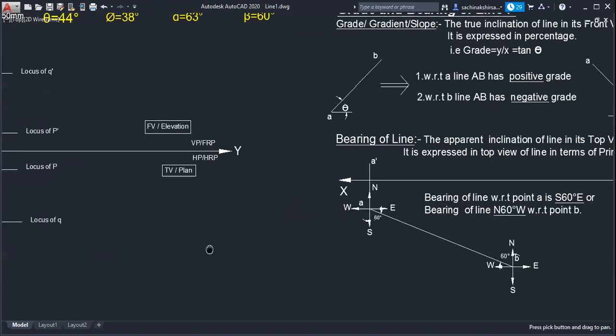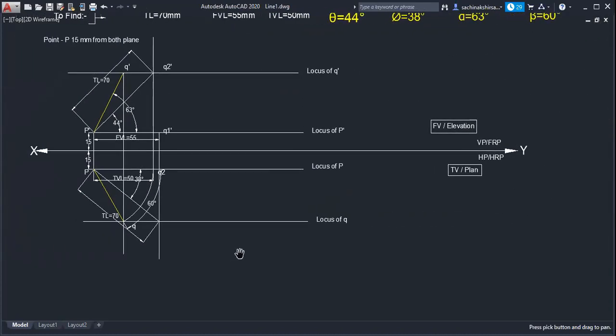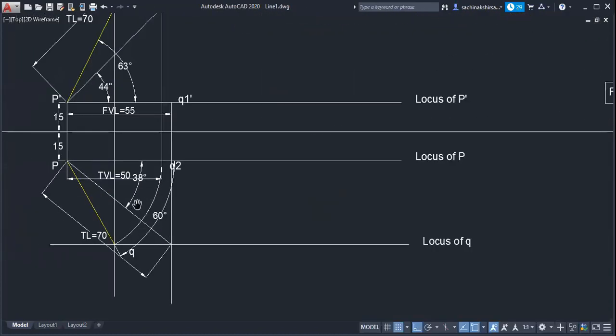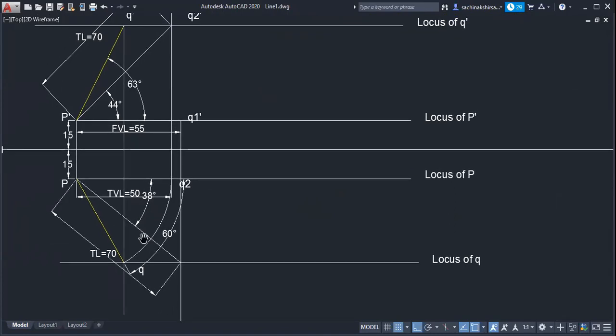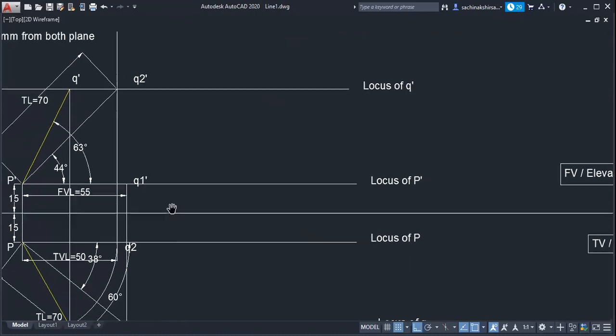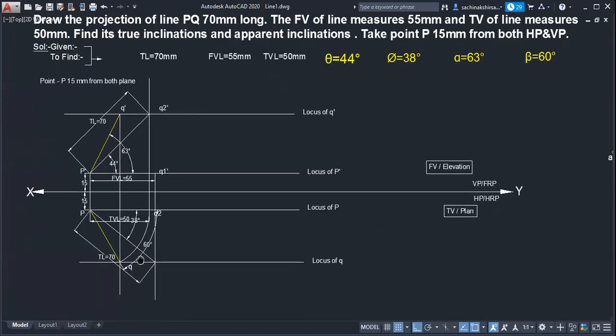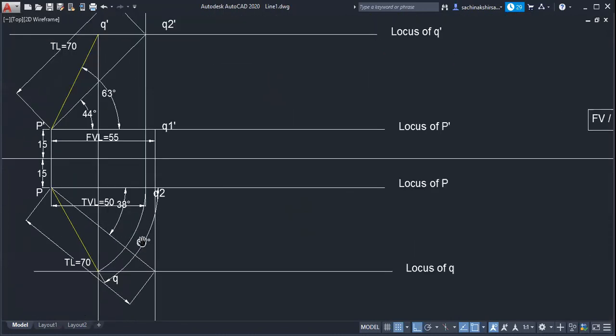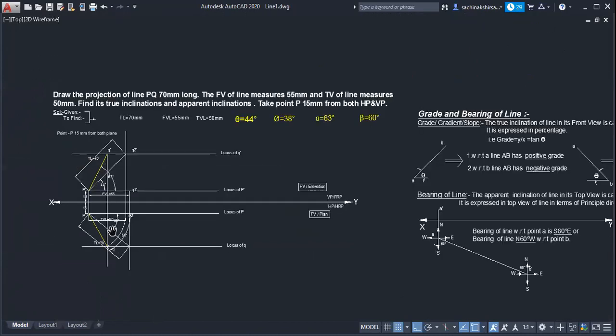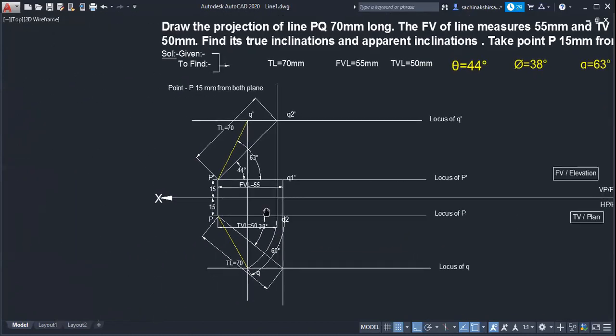Vertical? For example, here beta is 60. Where is that 60? This is 60. Is it with horizontal or with vertical? Horizontal. It is with horizontal.